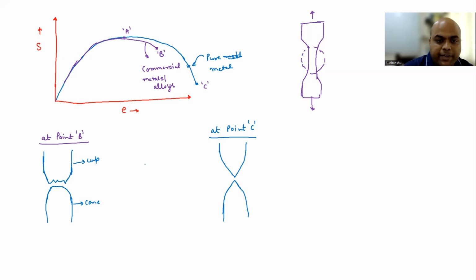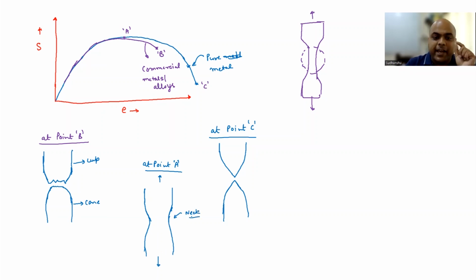Now at point A, I am assuming that for both materials, commercial metals and alloys and pure metal, necking takes place at point A. So your sample is going to look something like this, and this is your neck here.